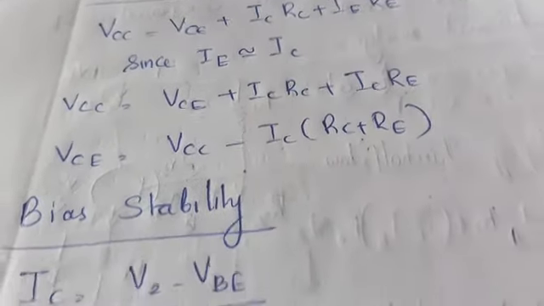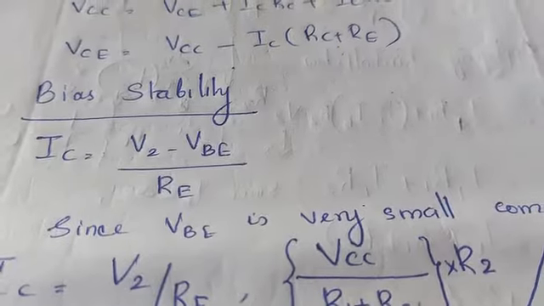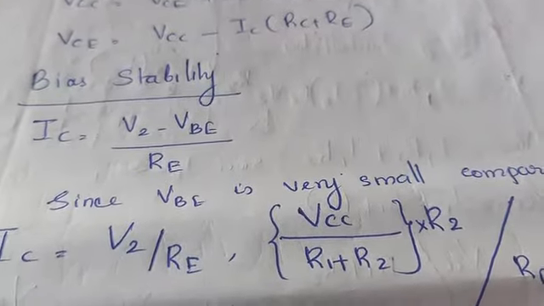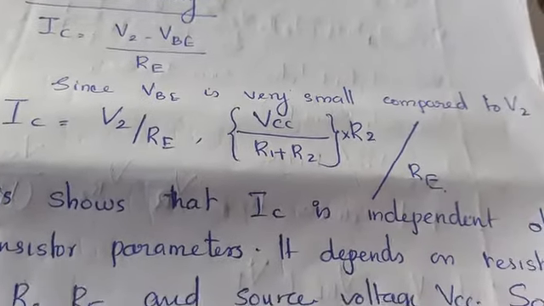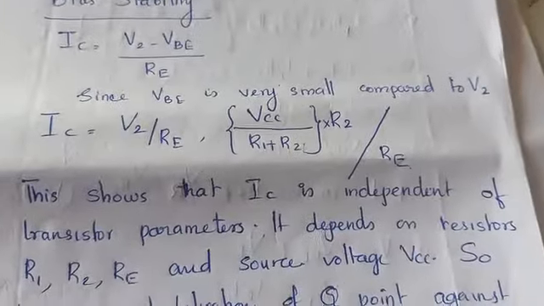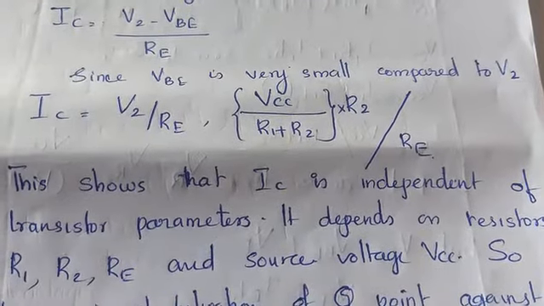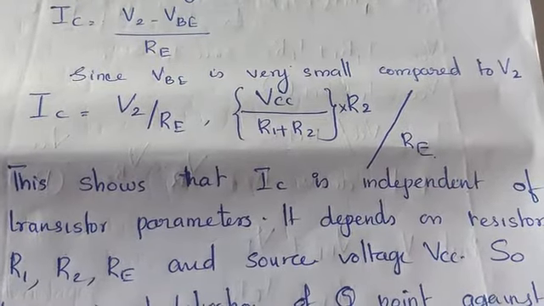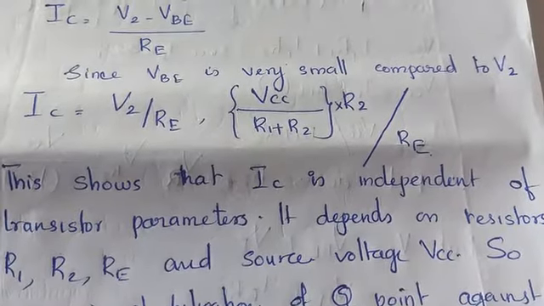Next we have to consider the bias stability. Bias stability means how stability is established in the potential divider biasing. Here collector current IC is equal to V2 minus VBE divided by RE. Since VBE is very small compared to V2, we can write IC is equal to V2 by RE. But we know that V2 is equal to VCC by R1 plus R2 into R2.